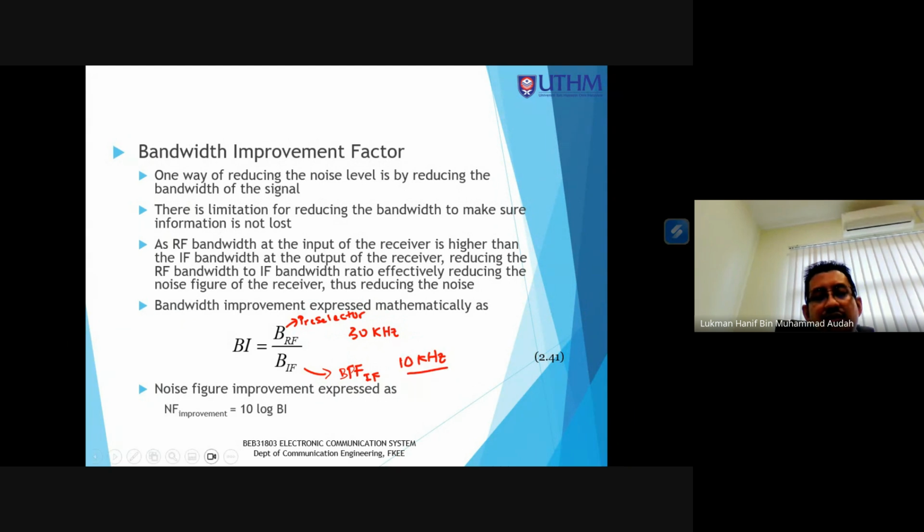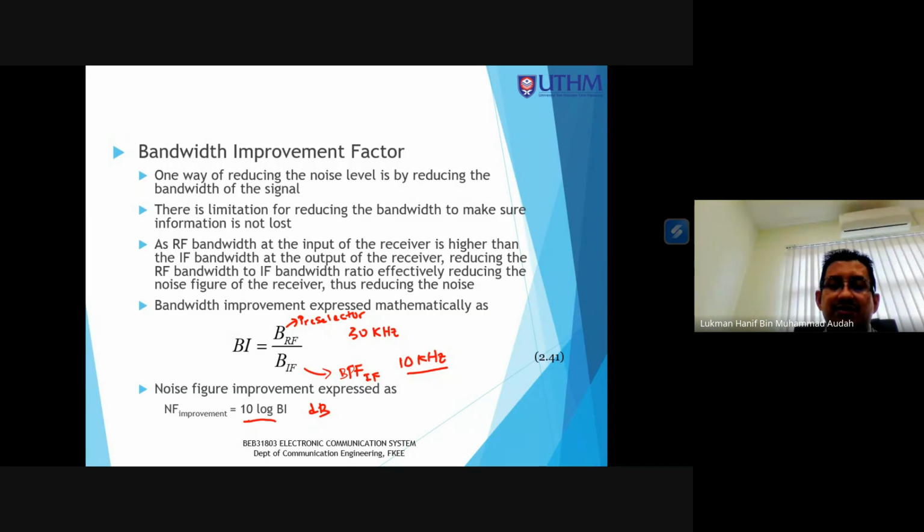So if you divide 30 by 10, you're going to get 3, and then you can do the noise figure improvement. That means it is 10 log of the bandwidth improvement factor, so you're going to get it in terms of dB. So this is how it looks.